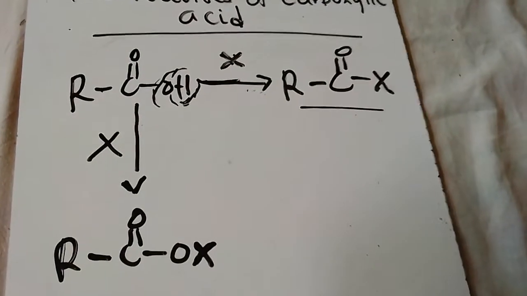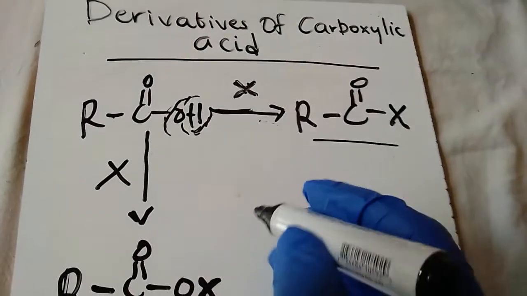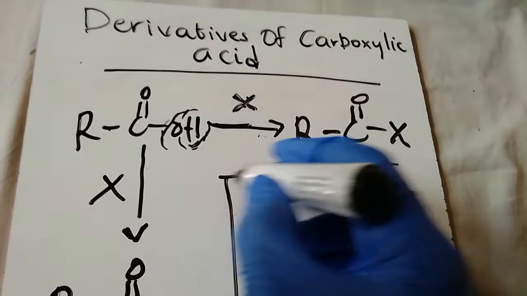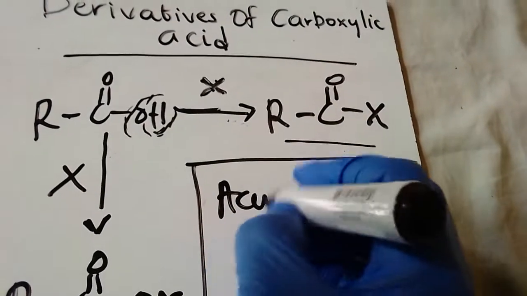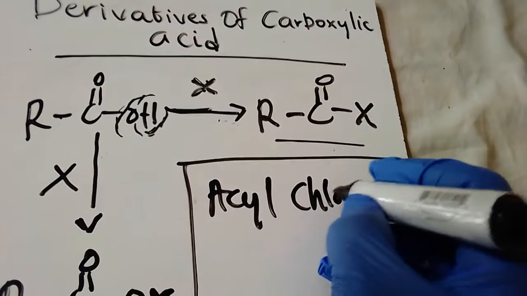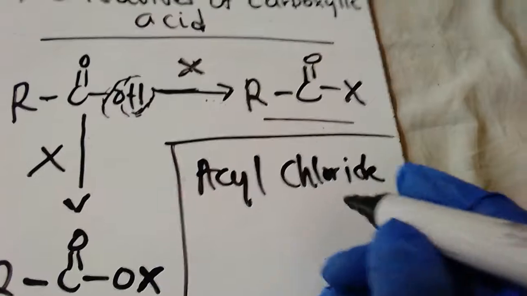Among the various groups of organic compounds that are derivatives of carboxylic acids include acyl chlorides. We will look at them one by one.